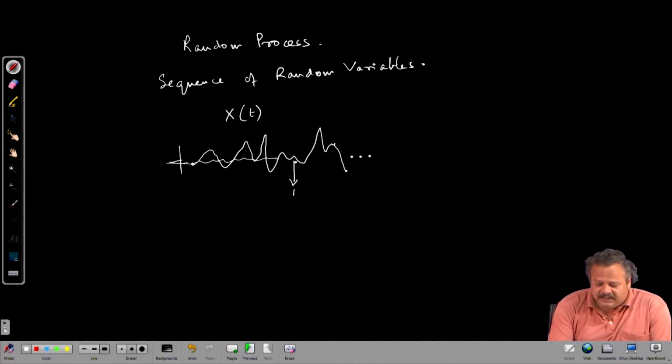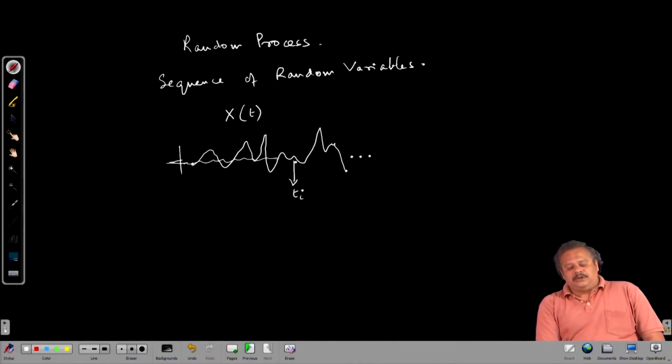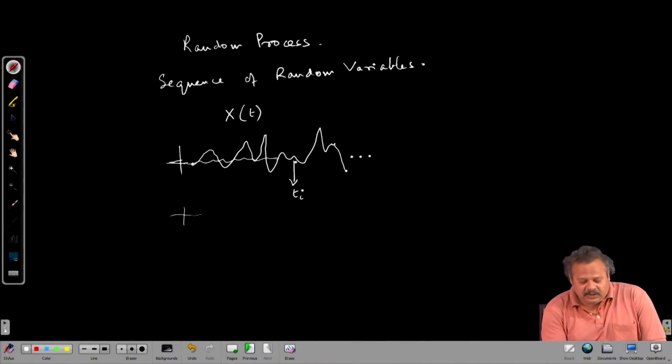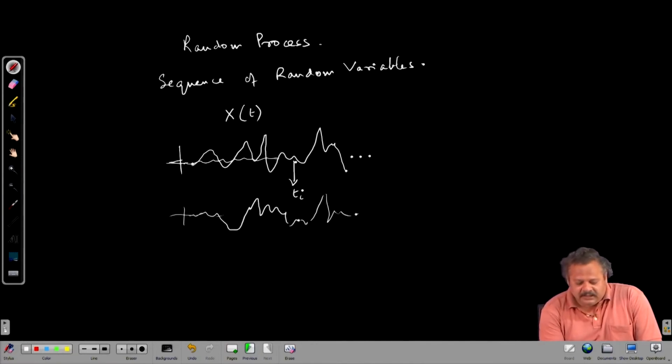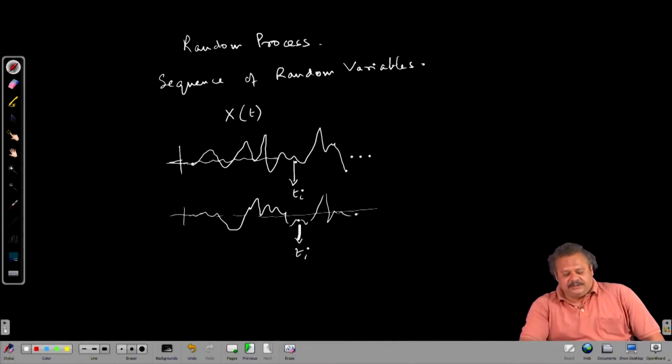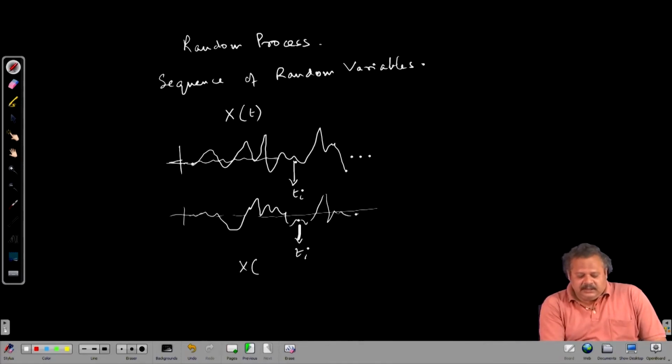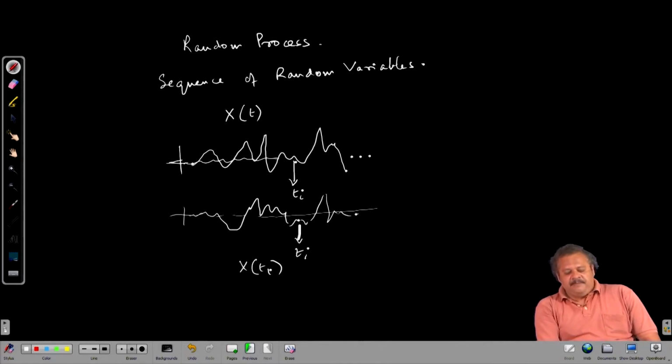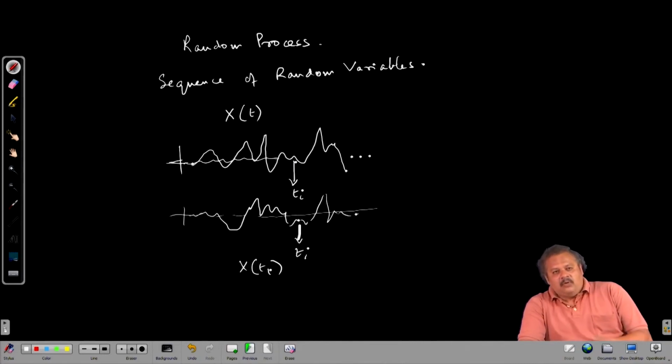Let us say this is Ti. So we are observing this yet again, and again we come to the time point Ti. Now what we are saying is that at the new Ti, the value taken by the random process, or x of ti, the random variable x ti, is simply another outcome of the experiment that goes behind the creation of the random variable x at time point ti.